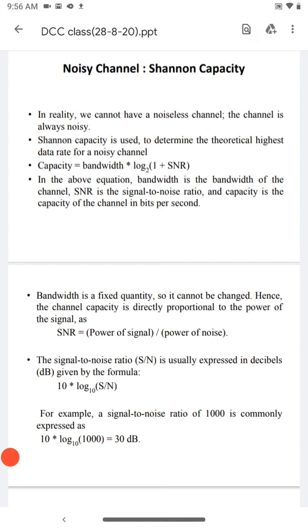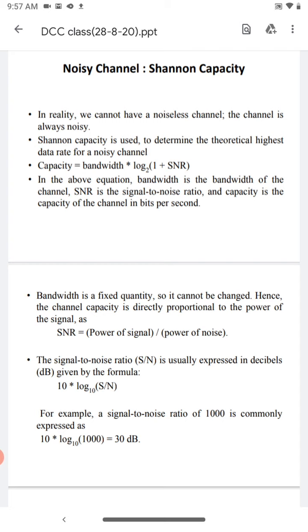Last class, in the transmission impairment, we already calculated the signal to noise ratio, SNR. Bandwidth is the bandwidth of the channel. Capacity is the capacity of the channel in bits per second. Normally, the capacity is denoted by the capital letter C.